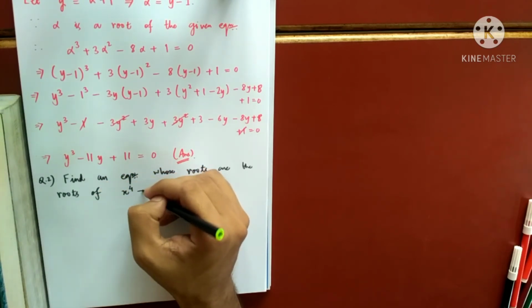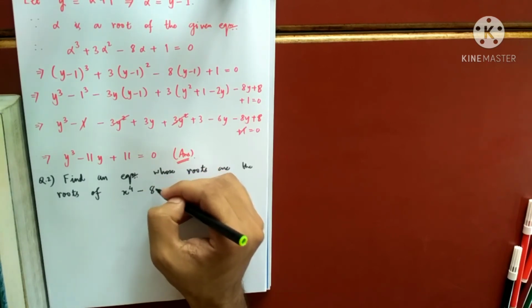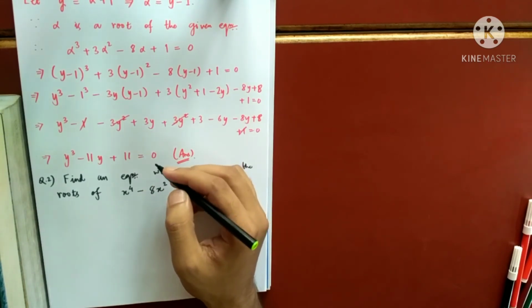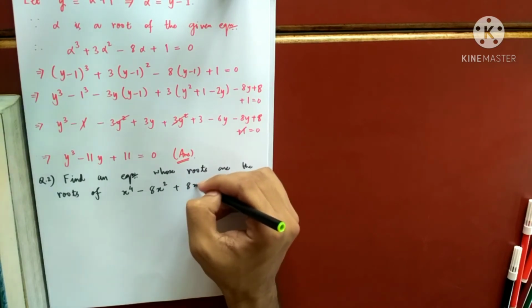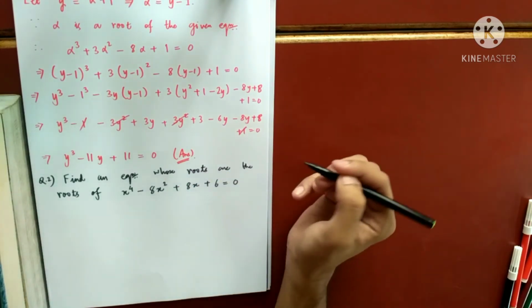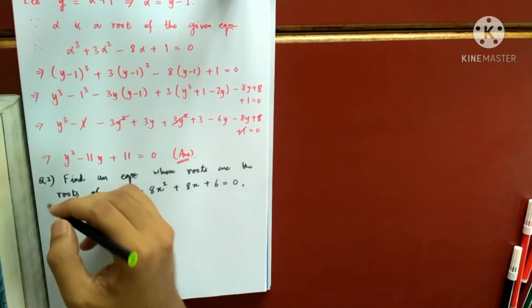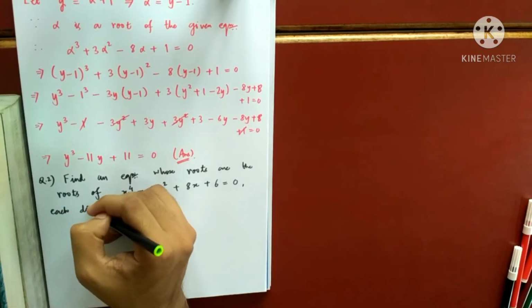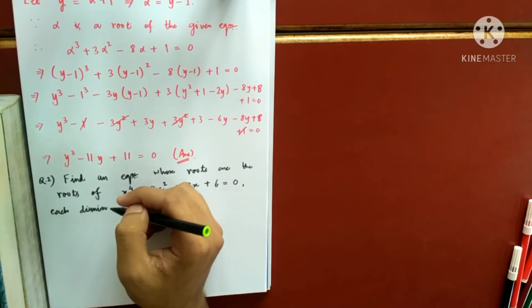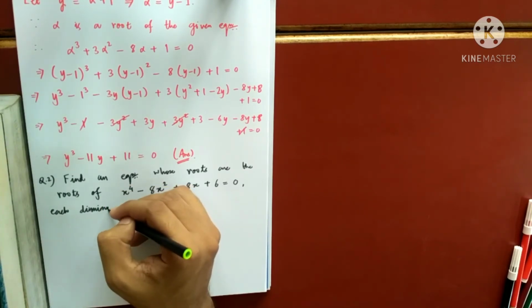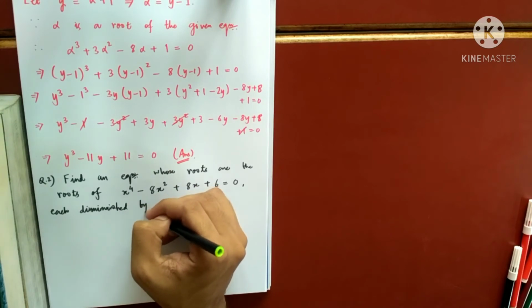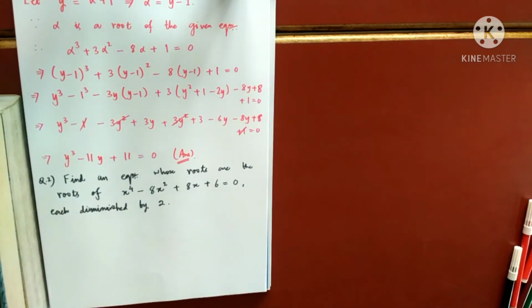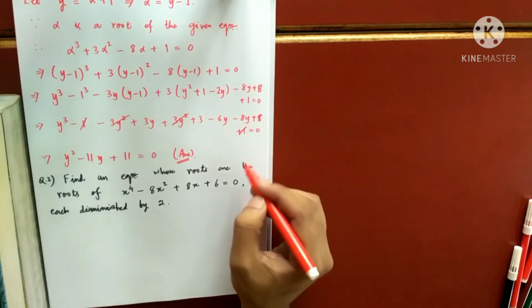X to the power 4 minus 8x square plus 8x plus 6 equals to 0, each diminished by 2. So this is the next question that we will do. So I have to get an equation whose roots are the roots of the given equation diminished by 2.